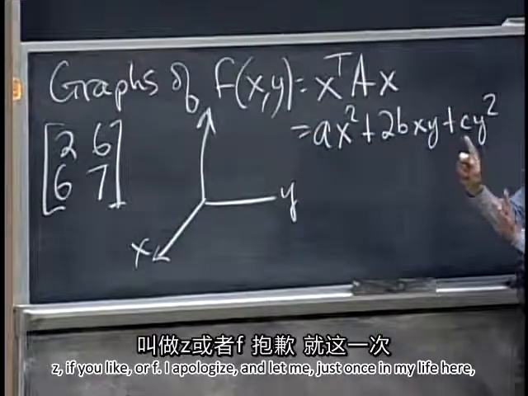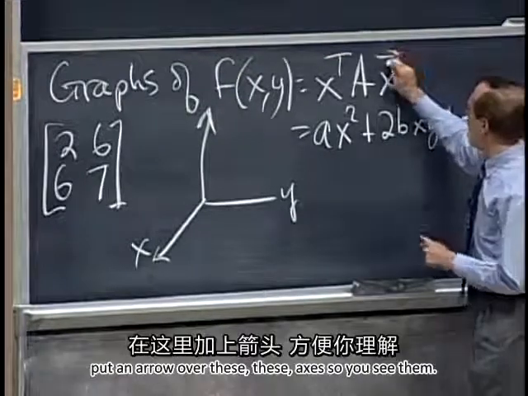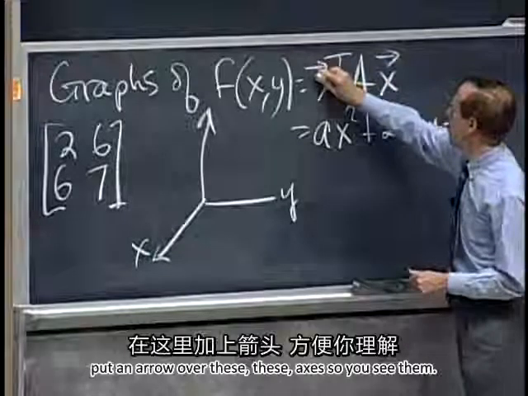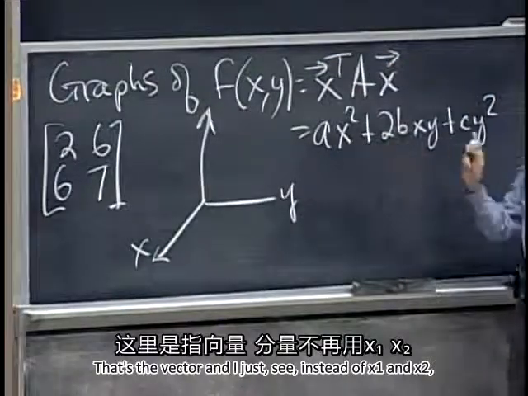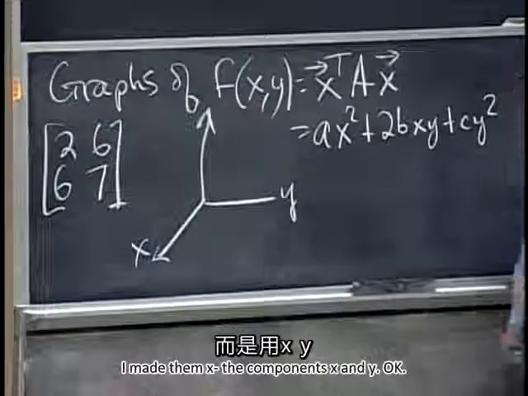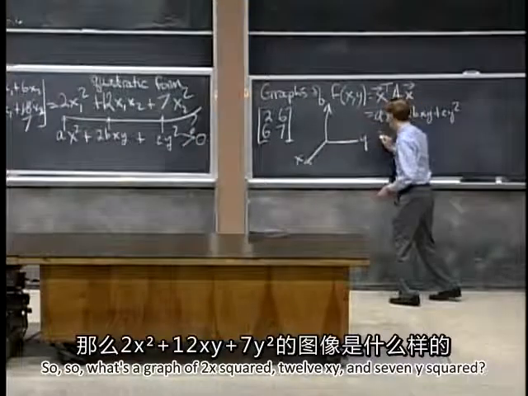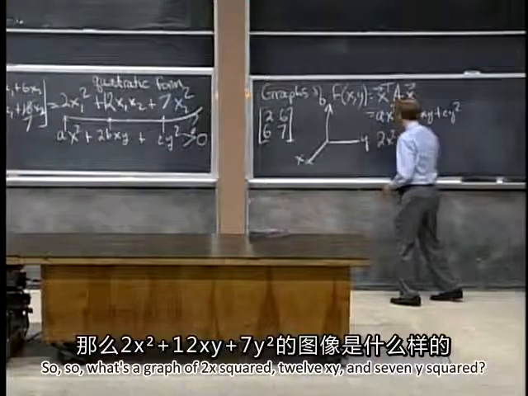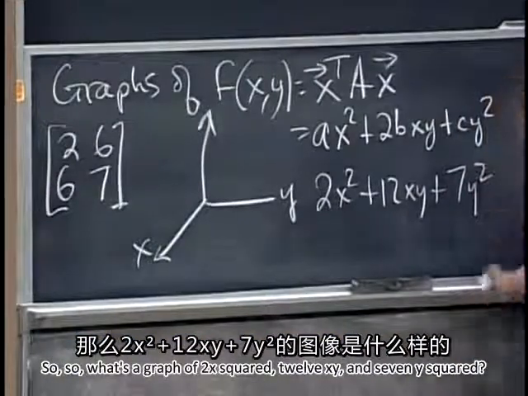I apologize, and let me just once in my life put an arrow over these x's so you see that that's the vector, and instead of x1 and x2, I made them the components x and y. Okay, so what's a graph of 2x squared, 12xy, and 7y squared?